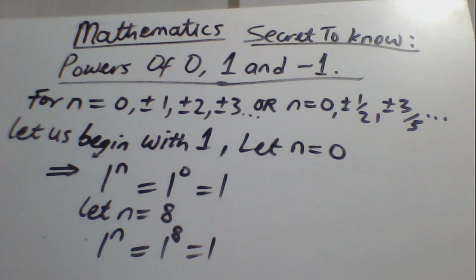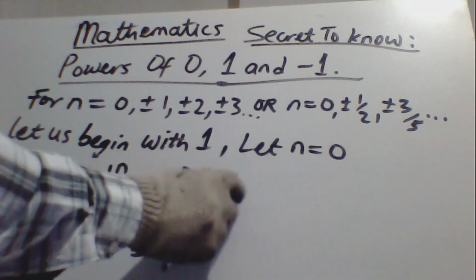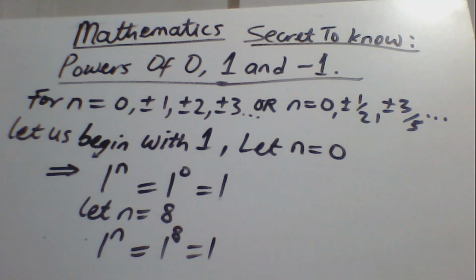In this case, this is because when a number or a variable is raised to a power of 0, positive or negative 0, the result is 1. That is the secret.